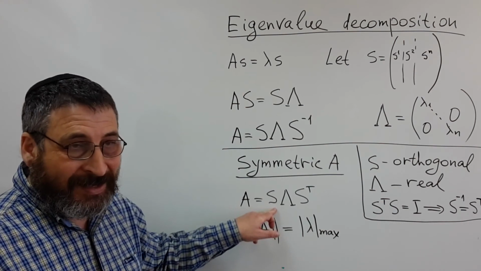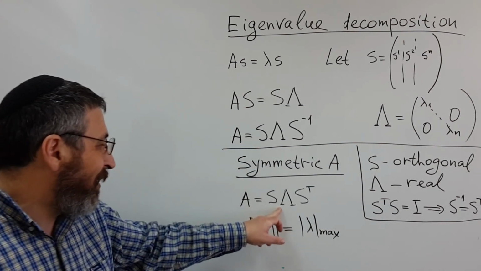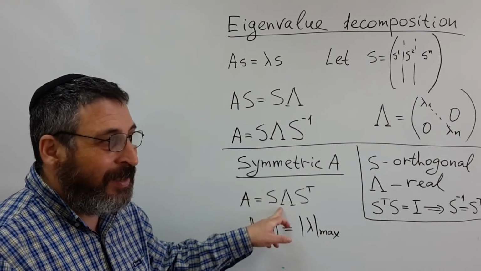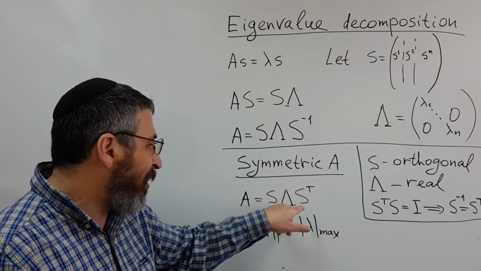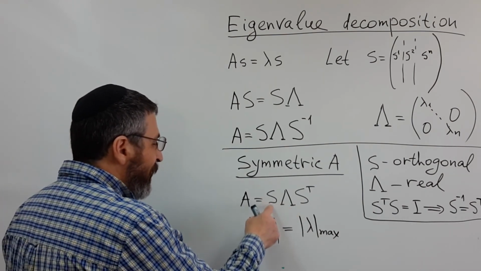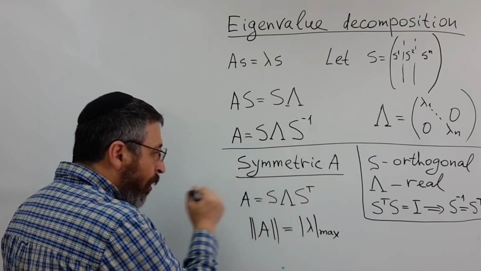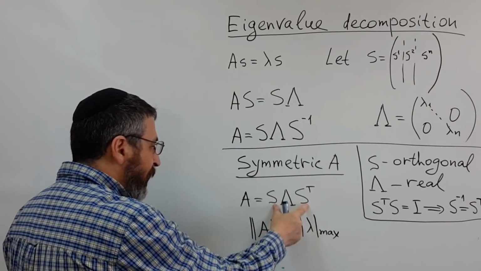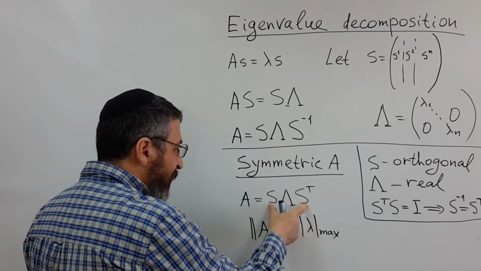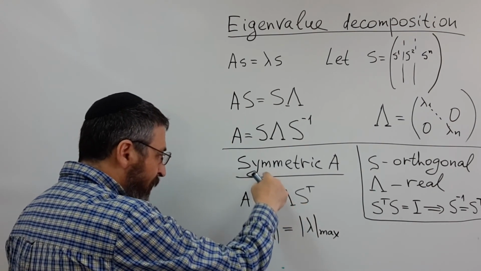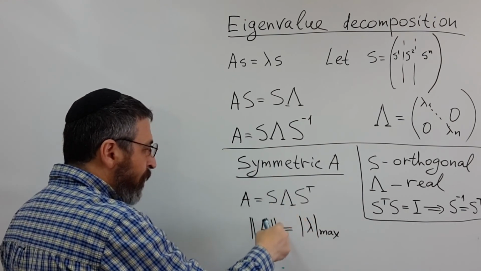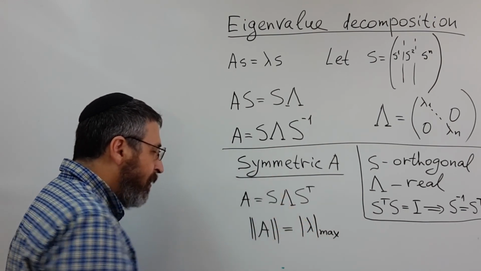It's very similar in some sense in structure to the singular value decomposition of a general matrix. If you remember, there were U and V transpose, two orthogonal matrices, and for symmetric matrices it's just the same. The difference is that the diagonal part may have negative signs.